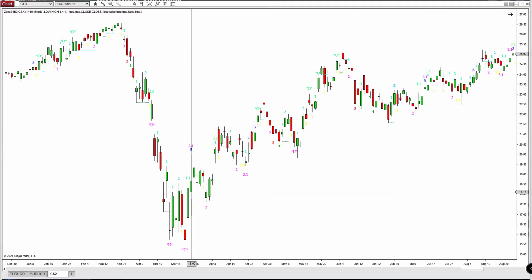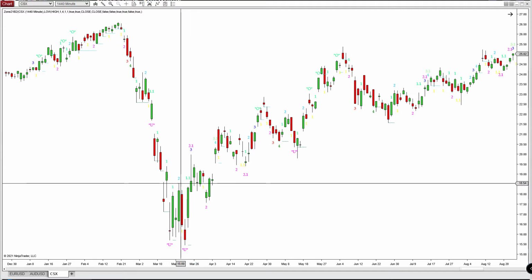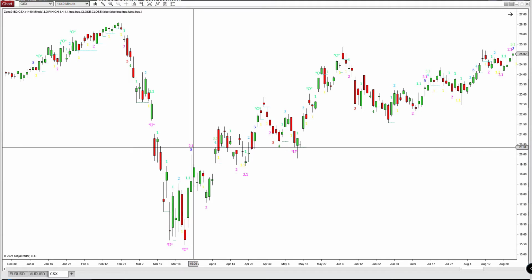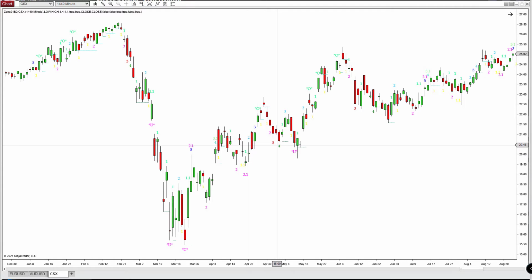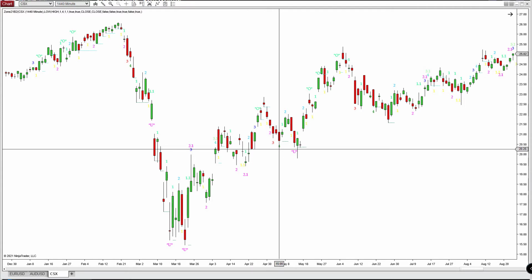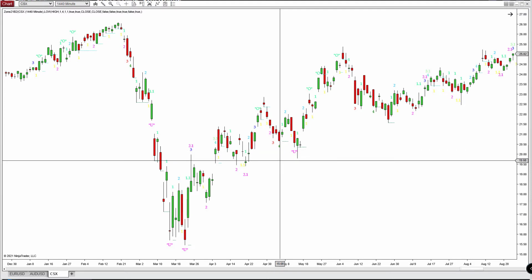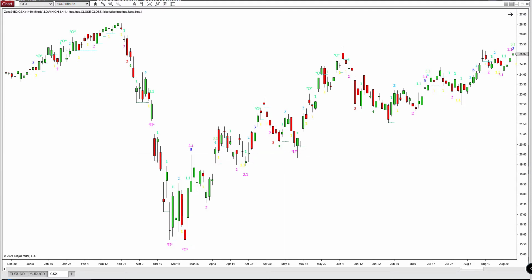And so when I remove these numbers, what we're left with is just the buy zones. And this is the free indicator that you guys have, which will plot these zones for you. So I'm going to remove all of these bar counts because it's really confusing and we don't need it. Really all we need is the output.